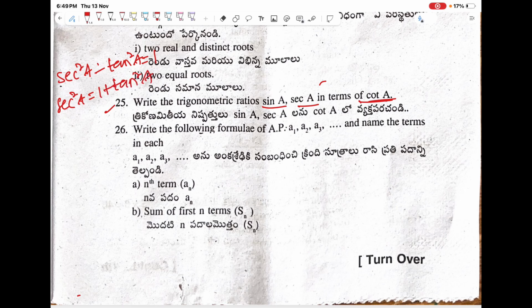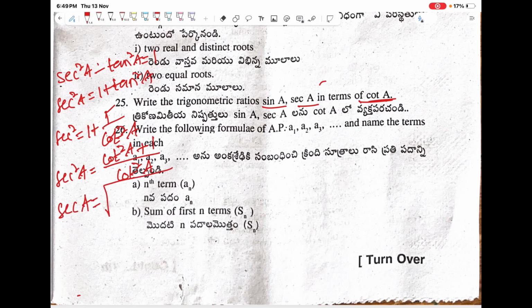It becomes 1 plus tan square A. So secant square A equals 1 plus tan square A, which can be written as 1 plus cot square A. So secant square A can be written as cot square A plus 1 by cot square A. We need only secant, so let us send the square to the other side. It becomes secant A equal to square root of cot square A plus 1 by cot square A.